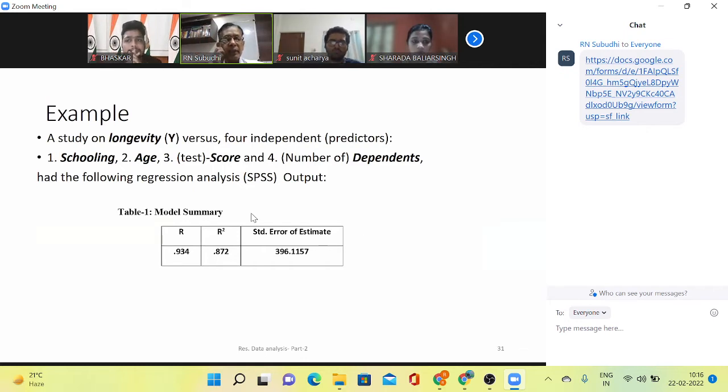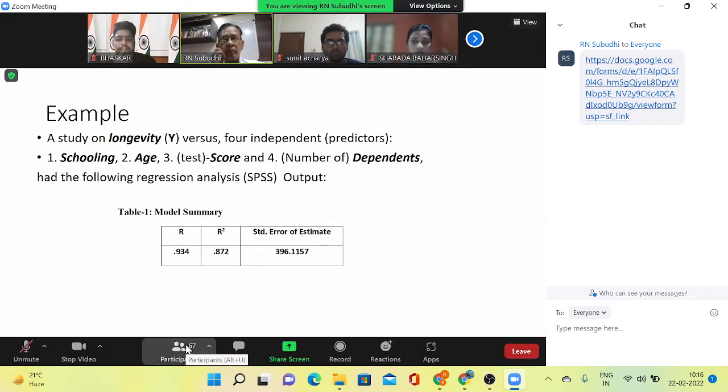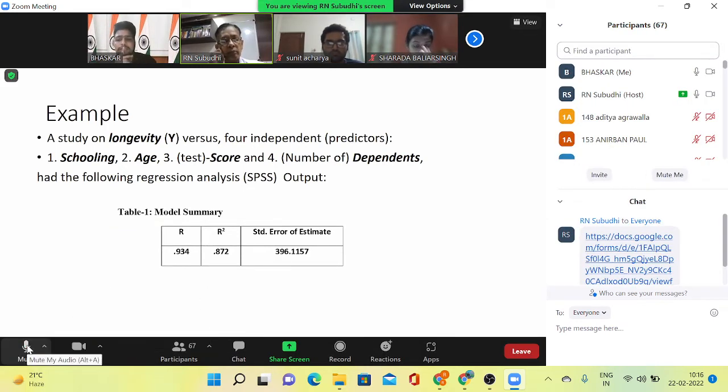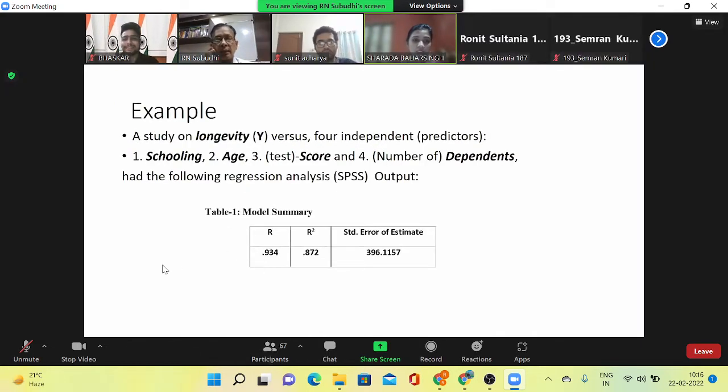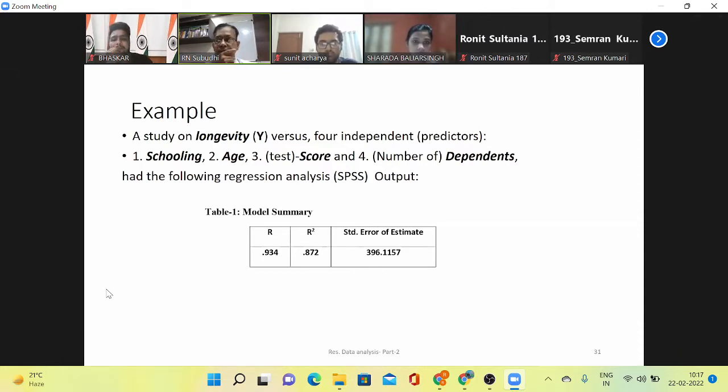Itisri, you are busy elsewhere. Itisri Parida. Tell, comment. So: schooling, age, score, and number of dependents. Score means what? Sarada, can you guess and tell? The CGPA.